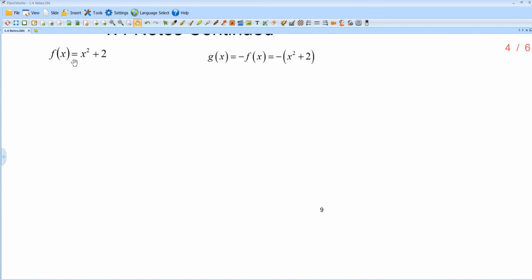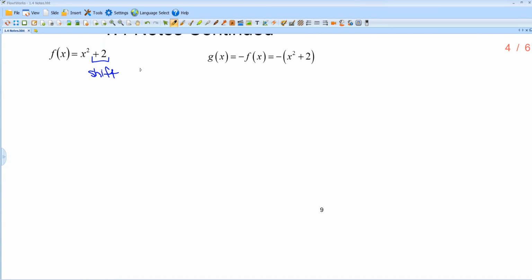Looking at this first one, we have x squared plus 2. All we've talked about so far is shifting and reflecting, so is this a shift or a reflection? Well, I see here that there's a plus 2. That tells me right away that it's a shift because it's addition. Then you ask yourself, are you adding 2 just to x or to the function?